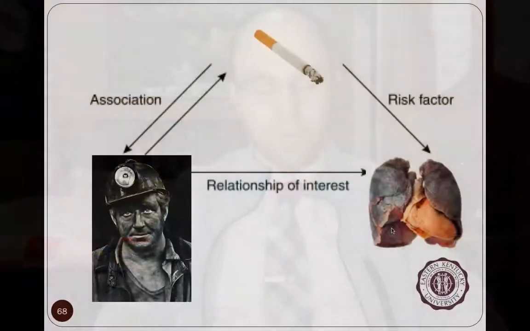But you can't check to see if it's confounding an association unless you actually measure what you're trying to look for. So you can't assess the impact of smoking on lung cancer among coal miners unless you actually asked about smoking or know about smoking for those people.